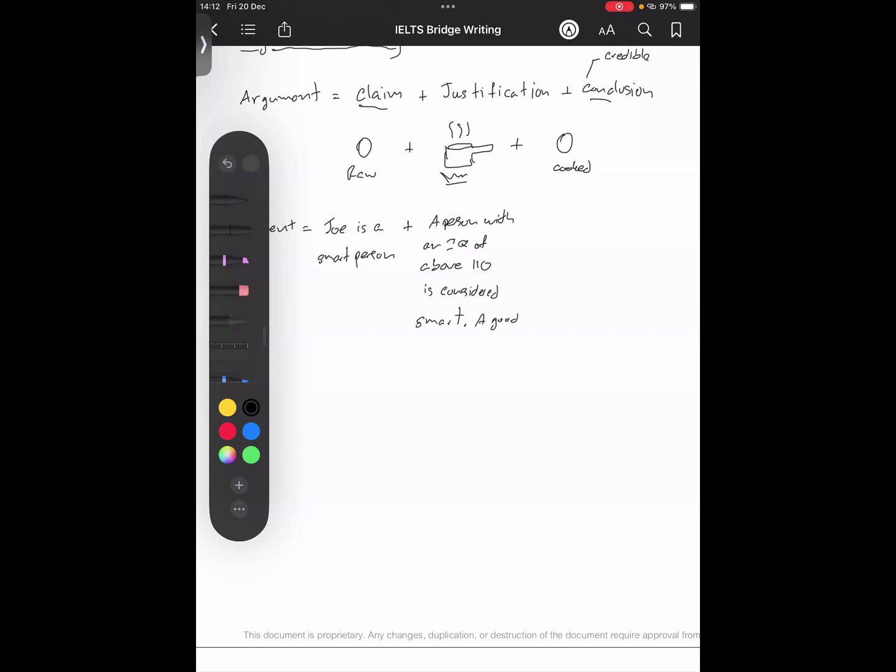A good example is Albert Einstein. Okay?